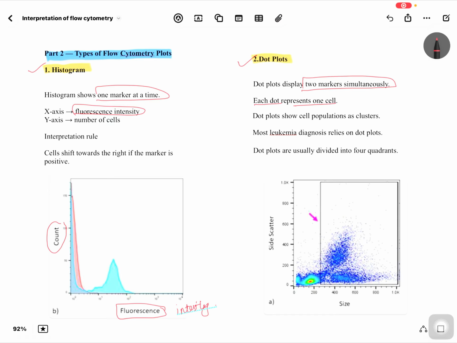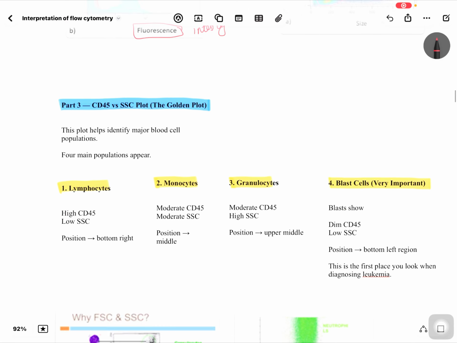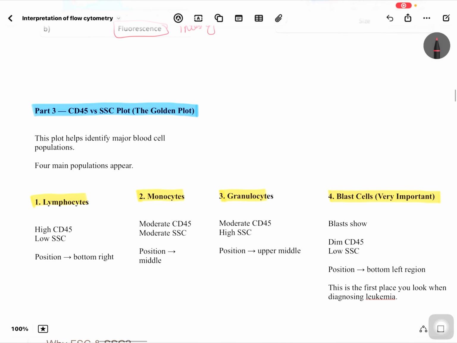Each dot represents one cell, and a dot plot shows cell populations as clusters. Most leukemia diagnosis relies on dot plots. They are usually divided into four quadrants. Mostly these scatter dot plots are asked in exams, and we are going to see how we analyze them.